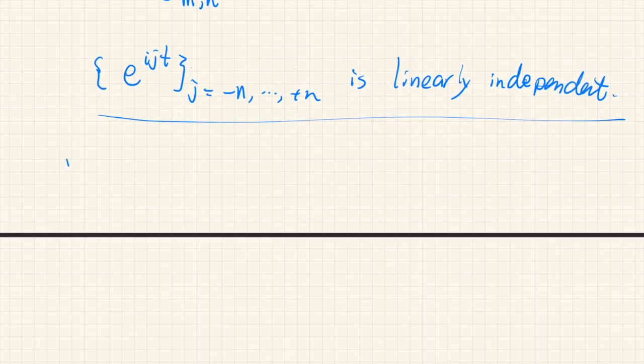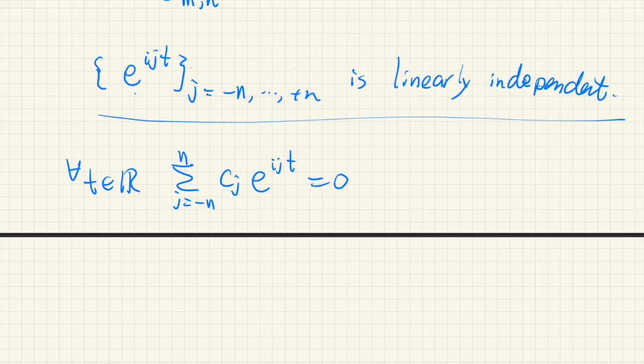That means for any t that is a real number, if we have the sum over j from negative n to positive n of c_j, a constant coefficient, times exponential of ijt, and this is equal to 0, then that implies, actually it's if and only if, c_j's are 0 for all j from negative n to positive n.